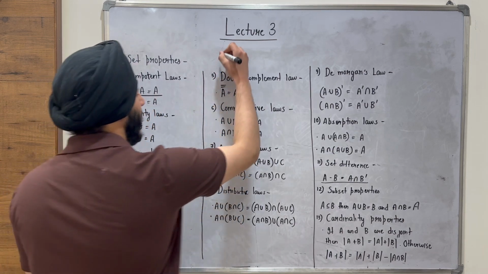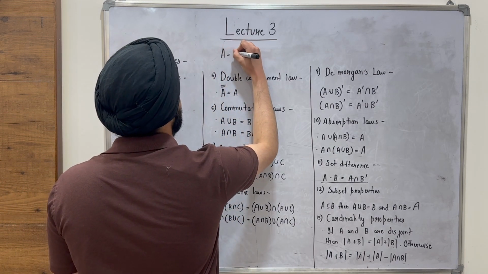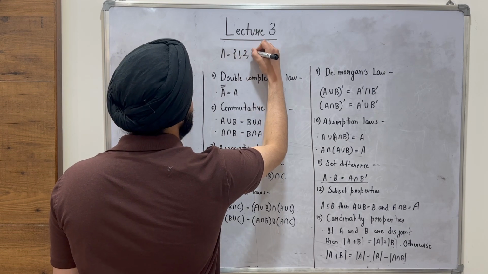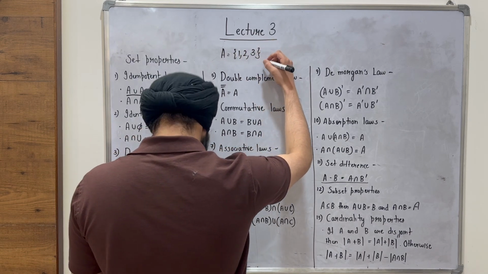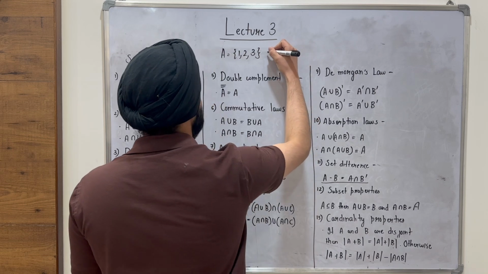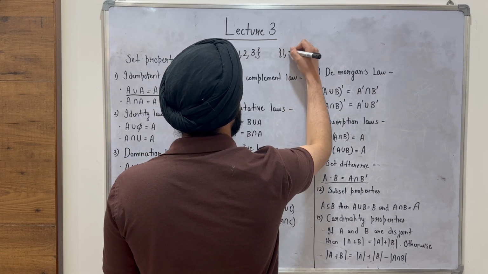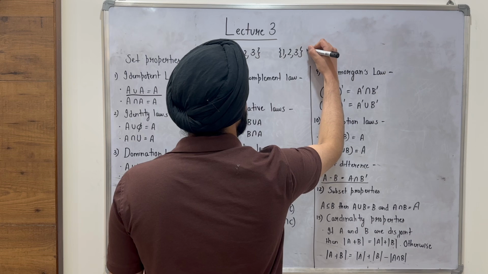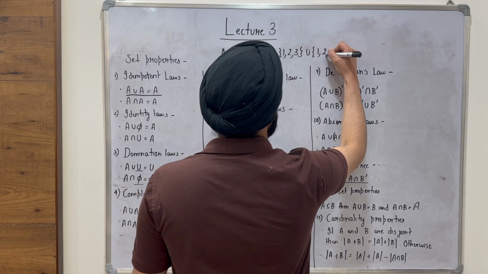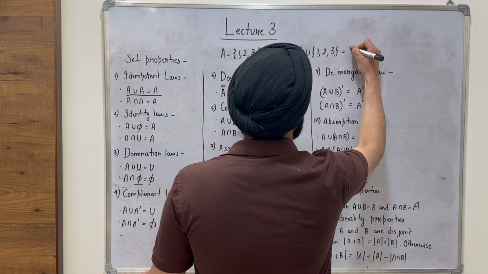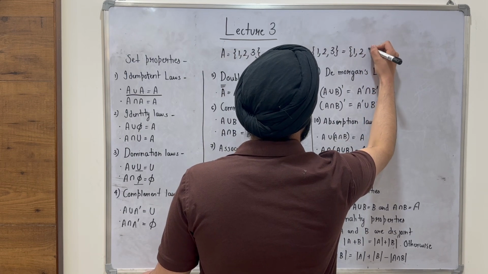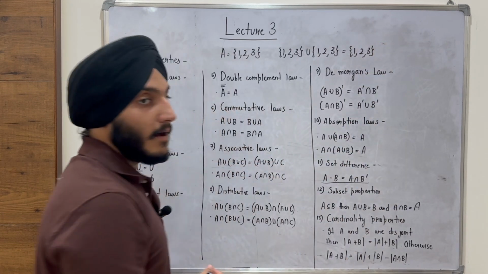So, for example, if I have A equals 1, 2, 3, and I do the union, which is 1, 2, 3 union 1, 2, 3, this is simply going to result in the set 1, 2, 3, right? Does that make sense?